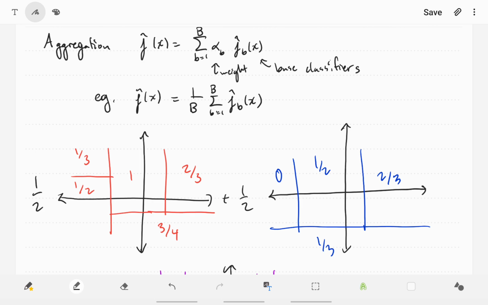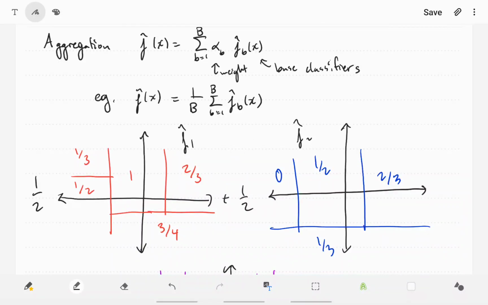The numbers listed here in red are the output. So this is f hat 1 of x, and this is f hat 2. And we're going to think about just averaging these two f hats.